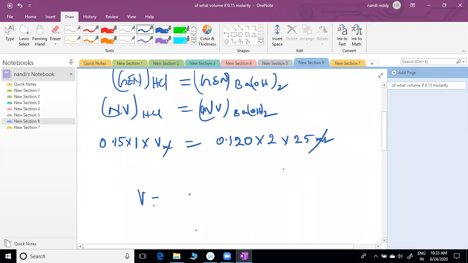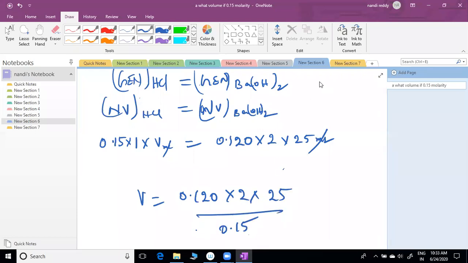V equals 0.120 into 2 into 25 by 0.15. Both are given in ml, so you can get the answer in ml only.